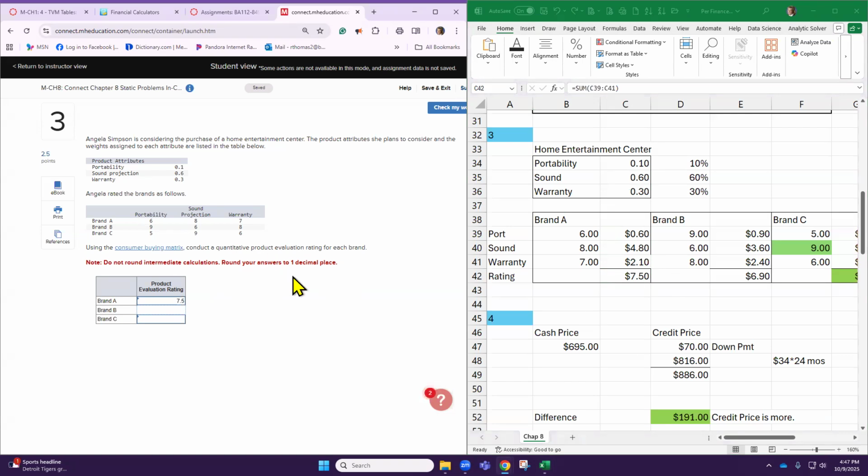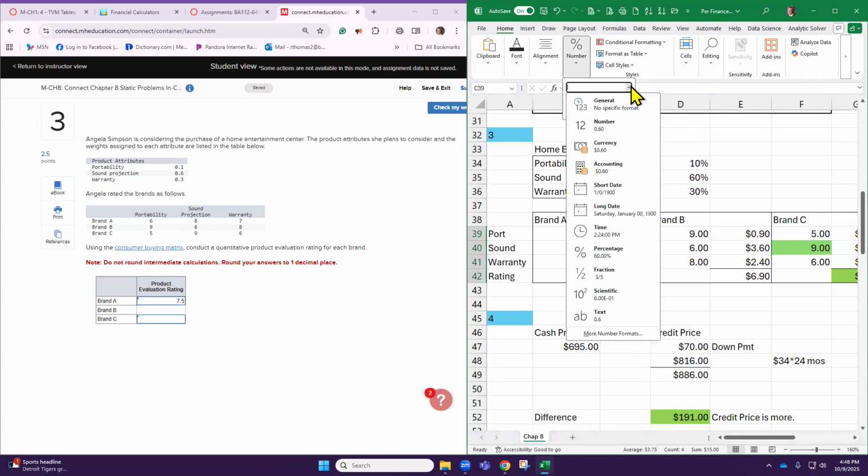Okay. And it did say 1 decimal place. So this probably really isn't money. Okay, so let me take the money out. It's just a rating, but you have to understand to take it times the grade she gave each of those home entertainment centers. Okay, that's enough of that.